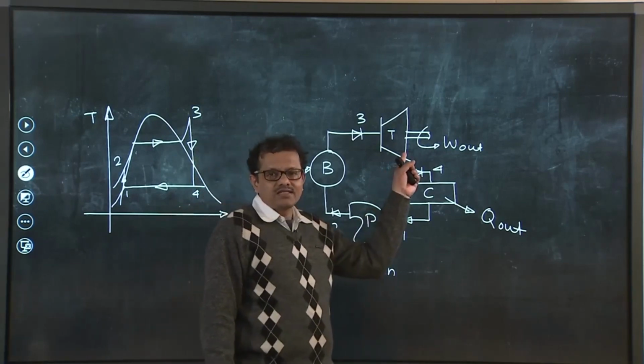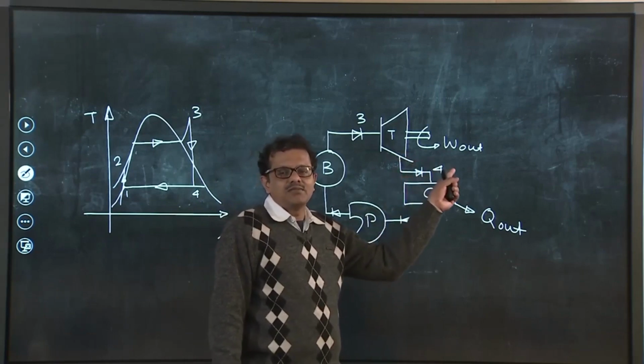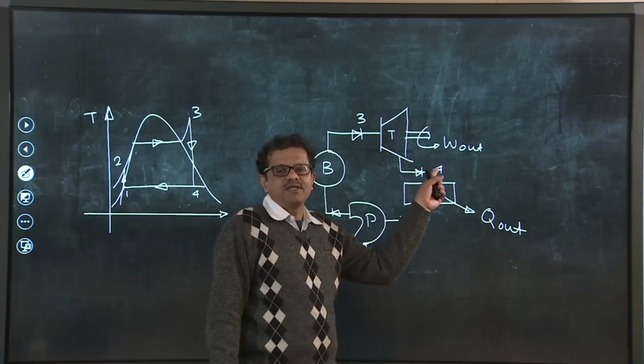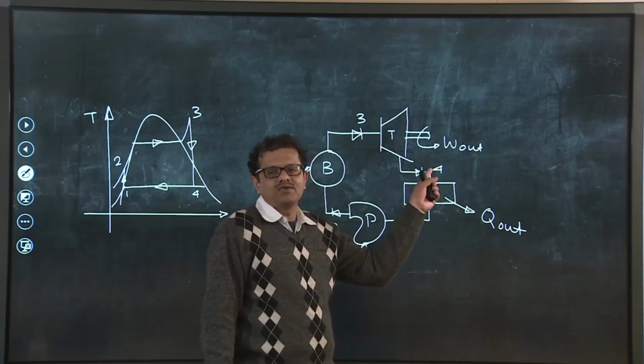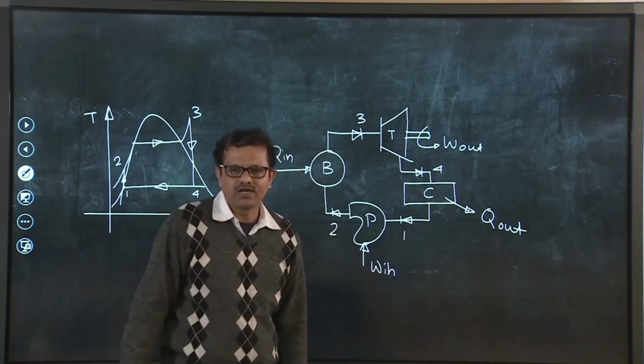So, when steam will be discharged into the ambience at the atmospheric pressure, the steam temperature will be 100 degree Celsius, and at that temperature steam will be converted into water.